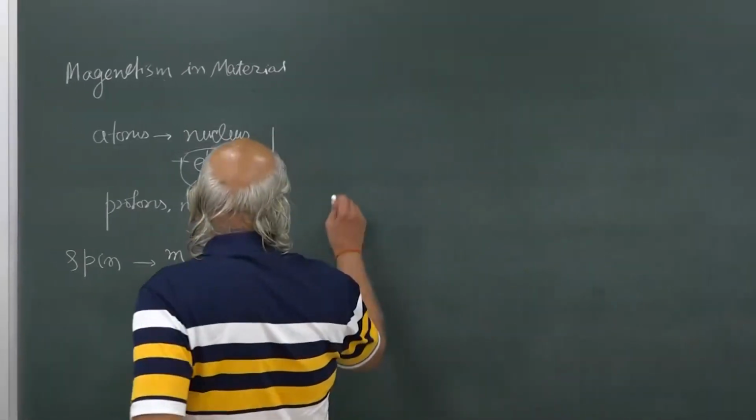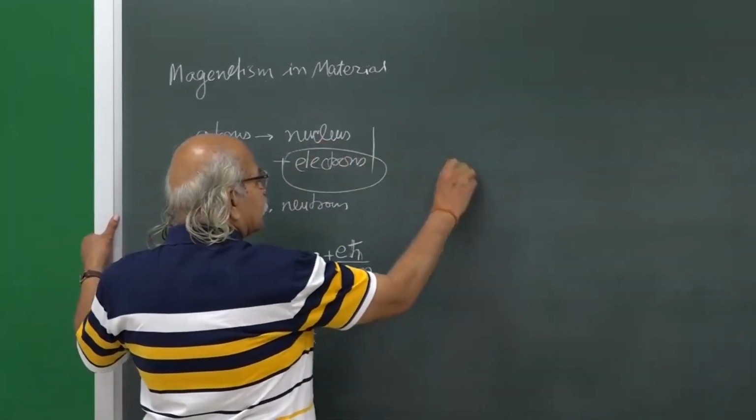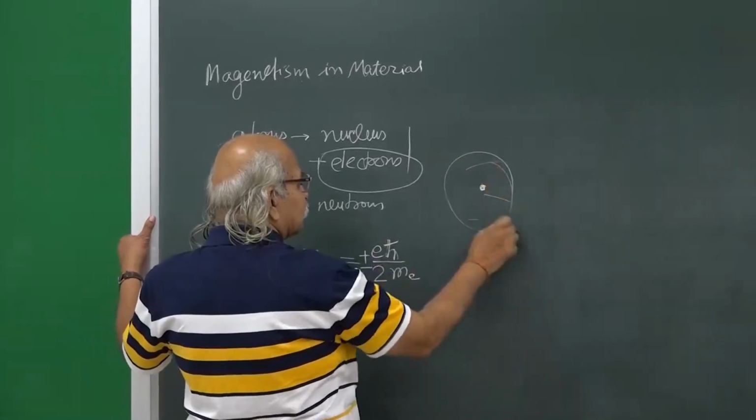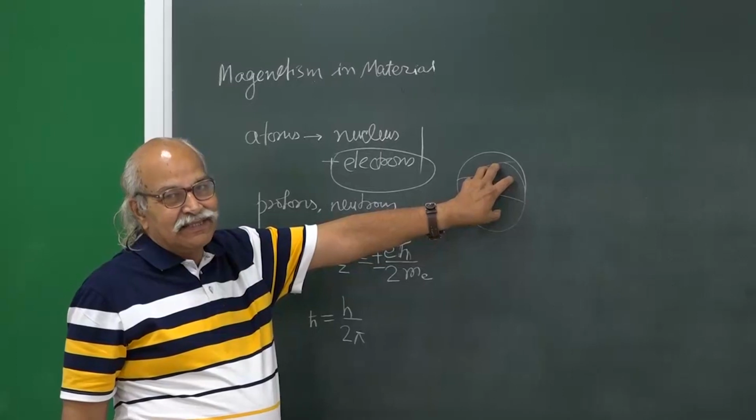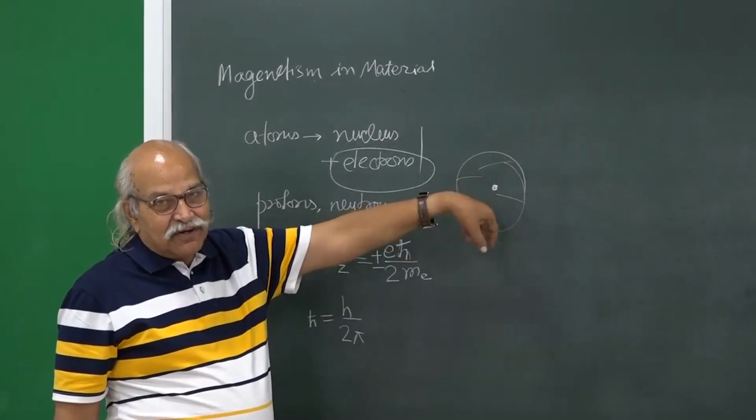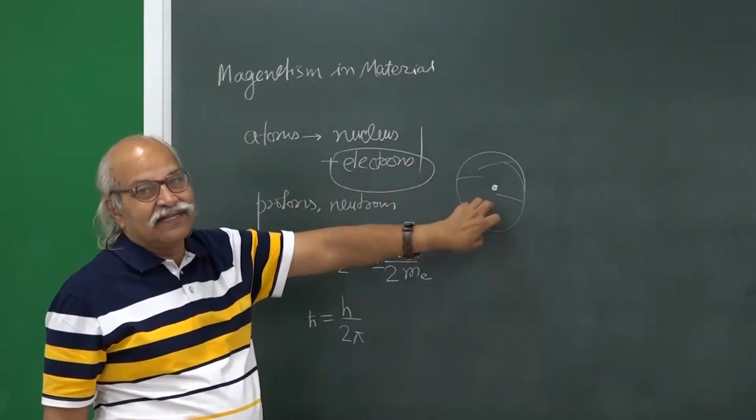in the atom, the electron also has some motion in the neighborhood of the nucleus, and because of that motion also there is a current.